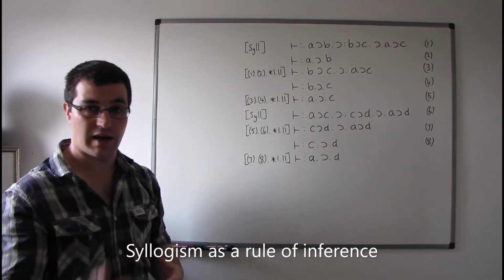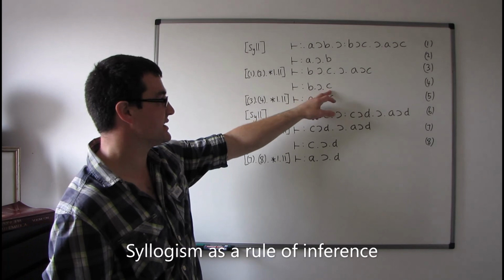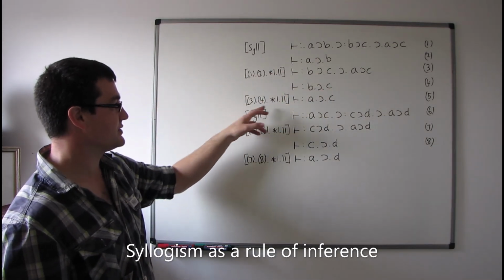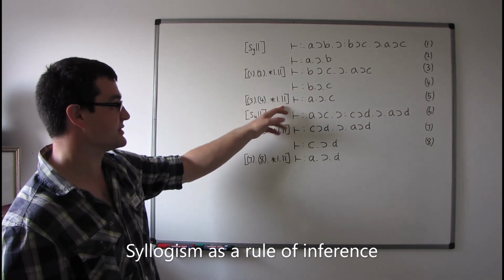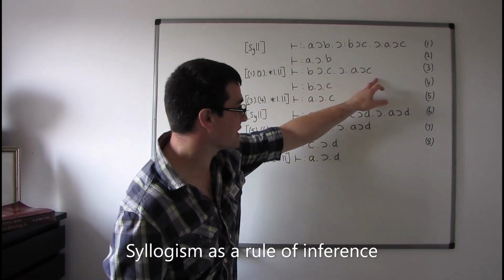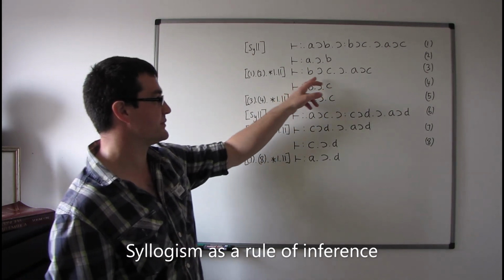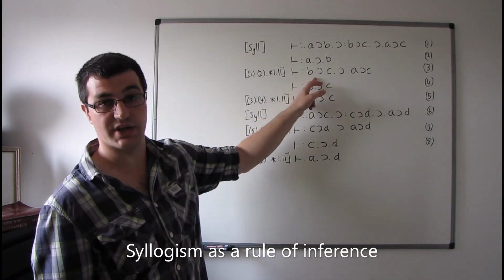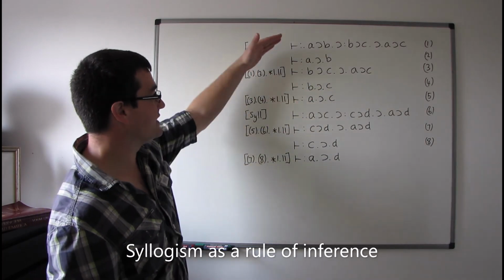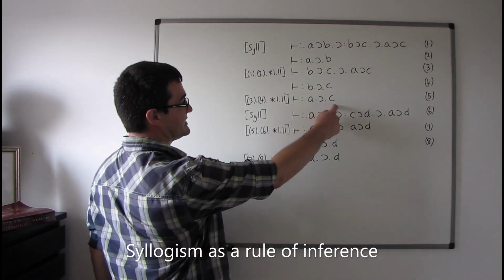And then again, somehow we managed to show that B implies C, which allows us then to use our basic rule of inference to assert the consequent of this particular implication here. So what we end up with is this A implies C.